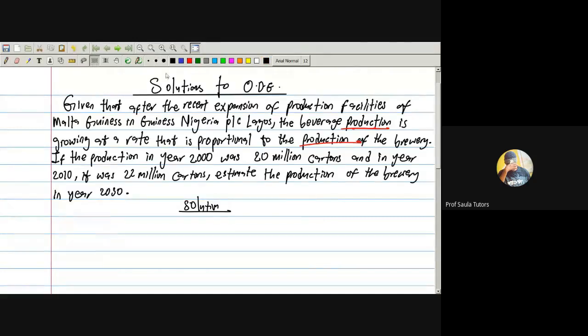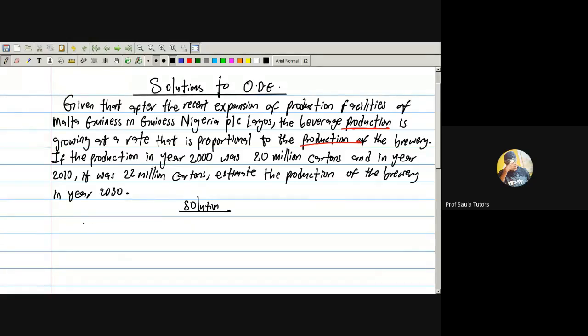Again, let me explain that part so you get it clearly. They said, given that after the recent expansion of production facilities of Malta Guinness in Guinness Nigeria PLC Lagos, the beverage production is growing at a rate that is proportional to the production. When you are talking about rates, we are measuring with respect to time.